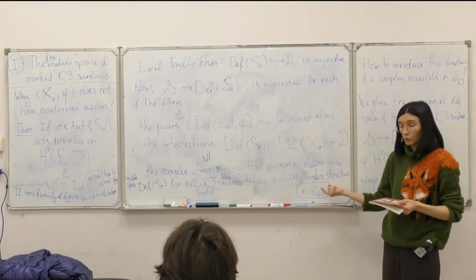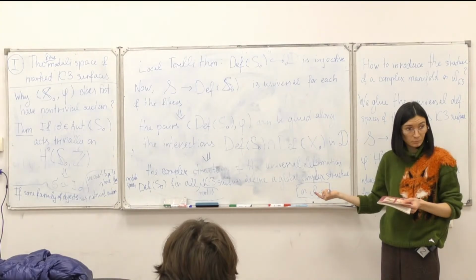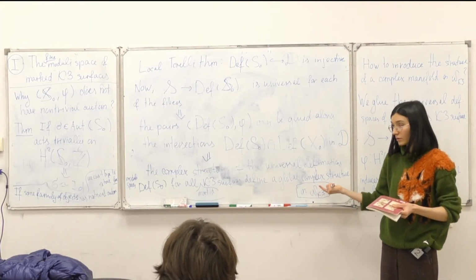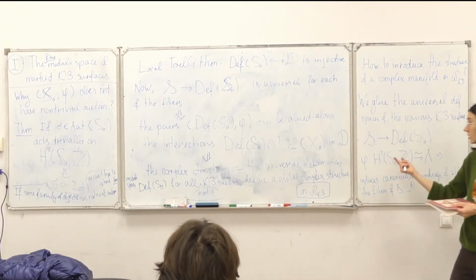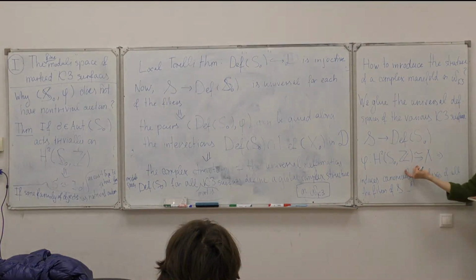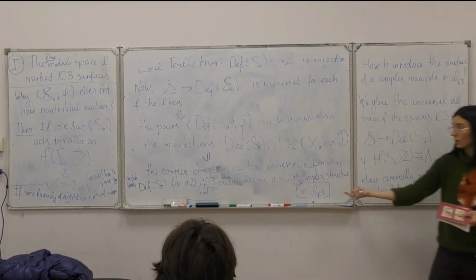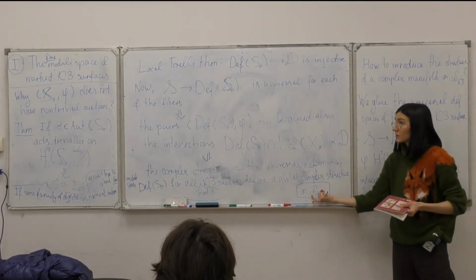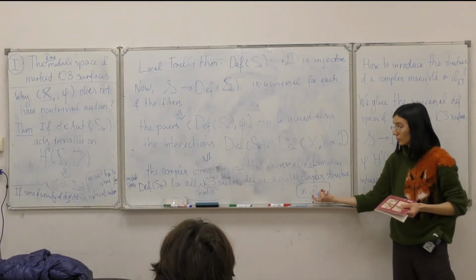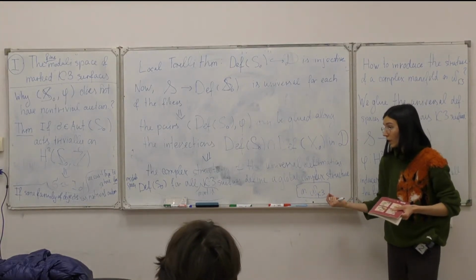And in the case of K3 surfaces, to obtain trivial automorphisms, it's enough to fix a marking. Okay? If we fix a marking, then we can hope to construct a universal family on the corresponding moduli space.